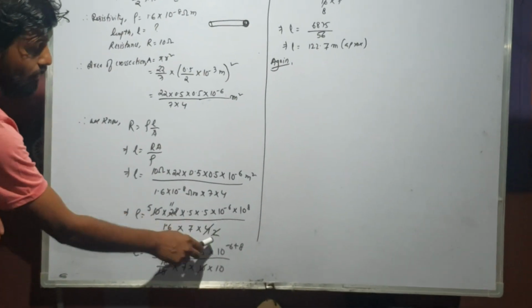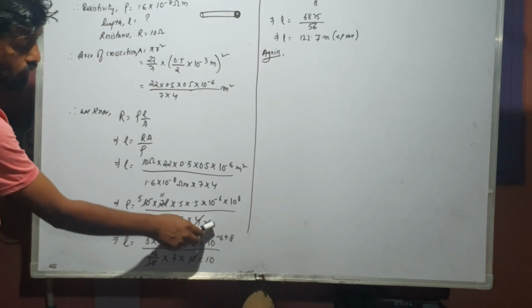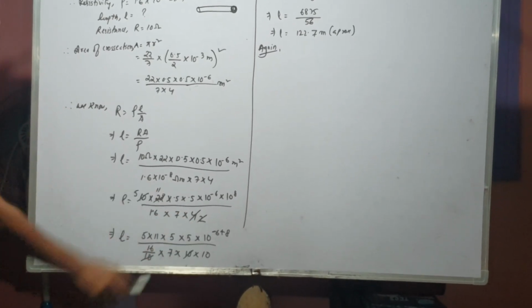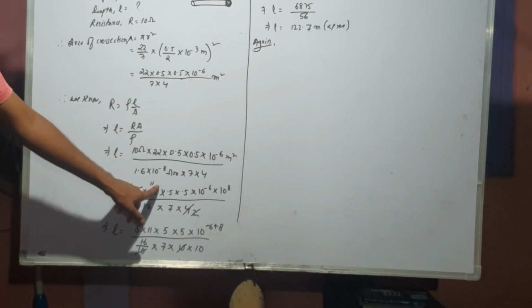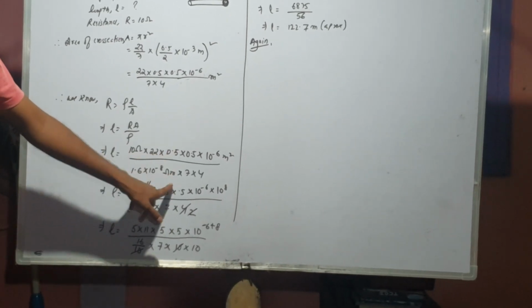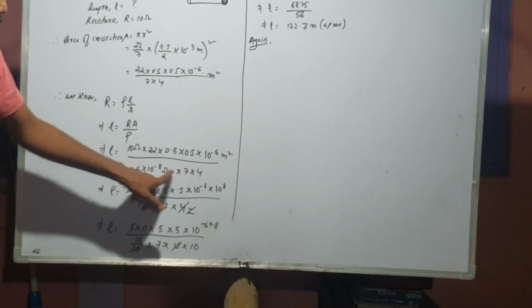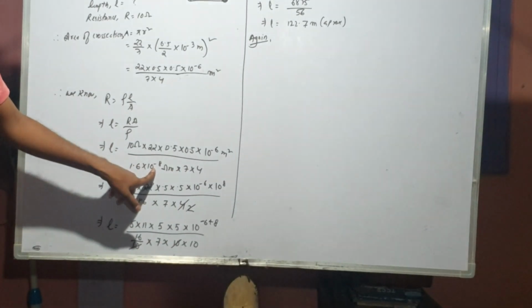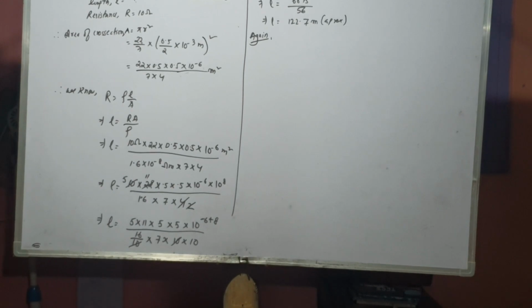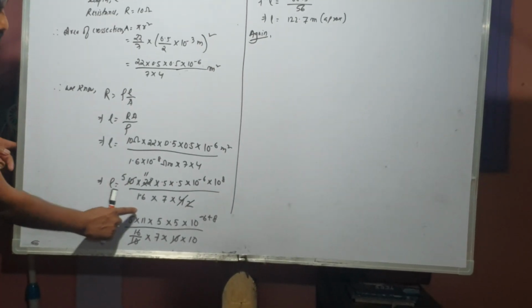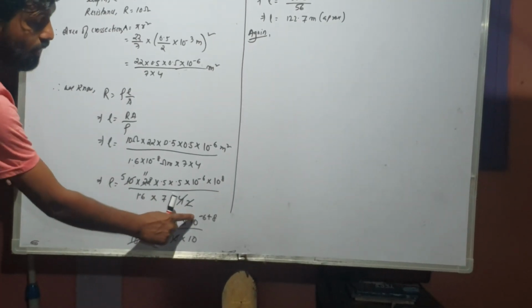Then I cancel my 4. 2 to the 4, 2 fives are 10, 2 elevens are 22. Then I wrote 10 into 11 into 0.5, 0.5, 0.5, 0.5. This minus 6 is downside, isn't it? The base is 10, so I took it upside, minus will become plus, and it will become 10 to the power 8 here. After cancelling, I got 5 into 11 into 5 into 5 into 10 to the power minus 6 plus 8.